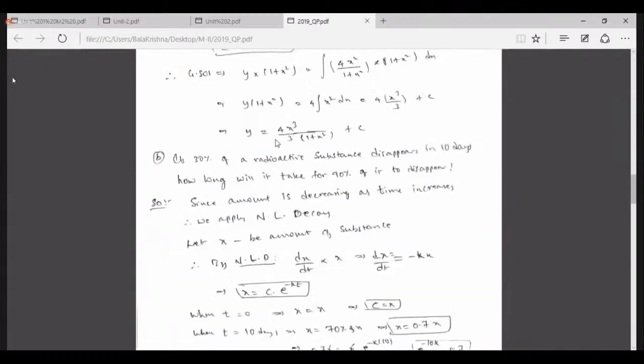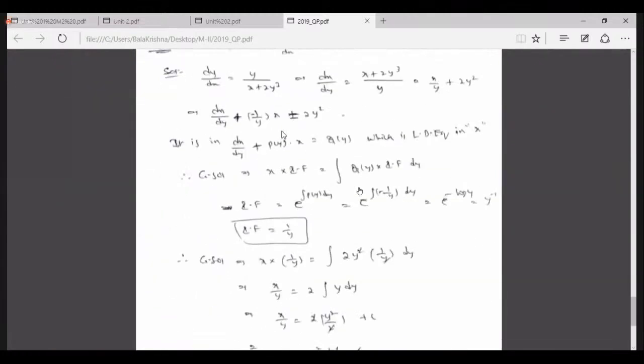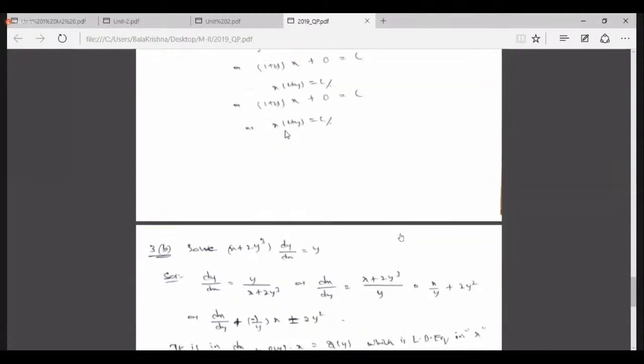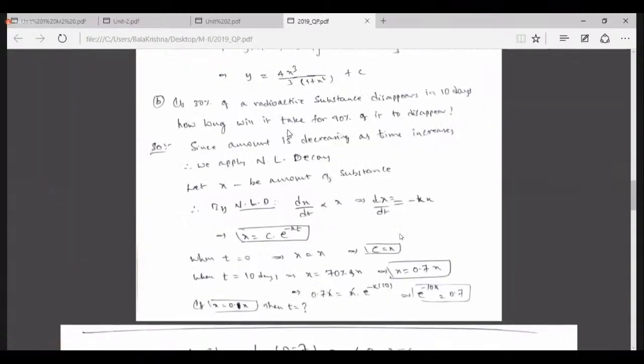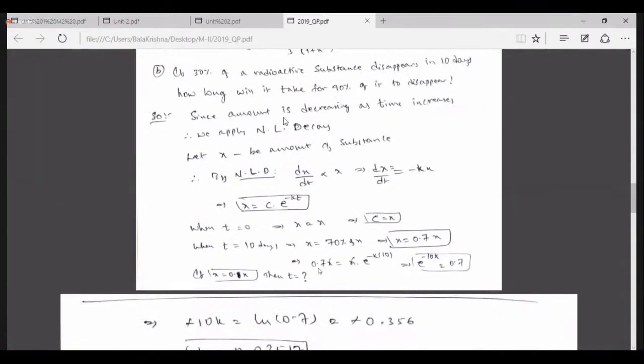So just we'll see this one. Now, since the amount is decreasing as time is increasing, we'll apply Newton's law of decay. So we should denote x. It is up to you, you can use any variable, but please always denote with some letter. So let x denote the amount of the substance.